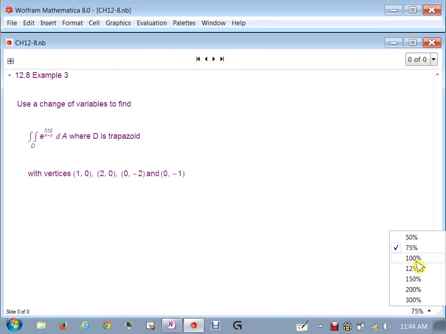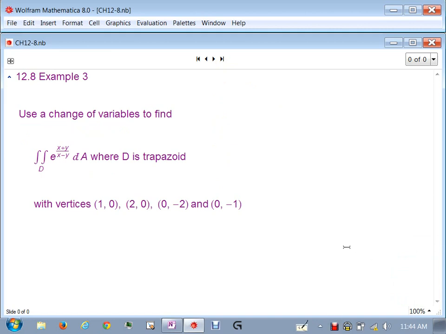Sometimes it turns out that, like I said, you're not given the transformation. So look here: double integral over D of e to the xy over x minus y, where D is this trapezoid. So let's first look at the trapezoid and see what we're faced with, see if we're even intimidated by this or not.